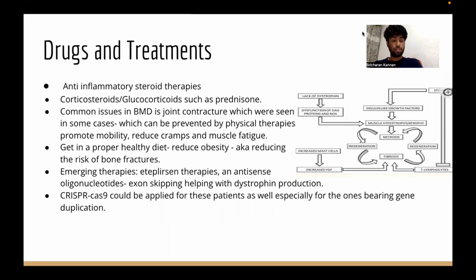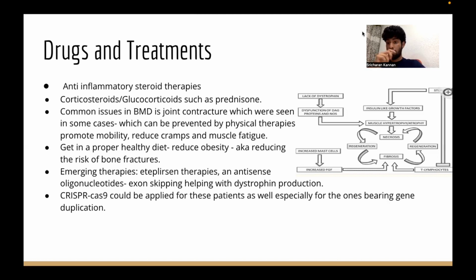Such steroids include corticosteroids or glucocorticoids, such as prednisone. These medications have been shown to help delay muscle degeneration and also retain strength. Corticosteroids also have the ability to prolong the ability to walk, and experts think that steroids help decrease inflammation and may influence the repair of weakened muscle cell membranes.